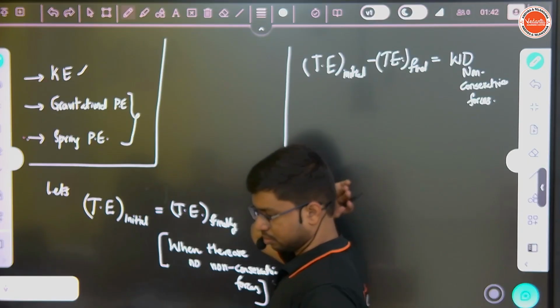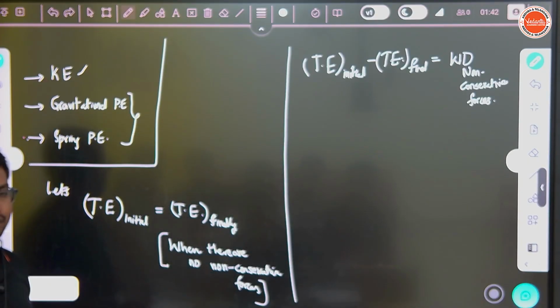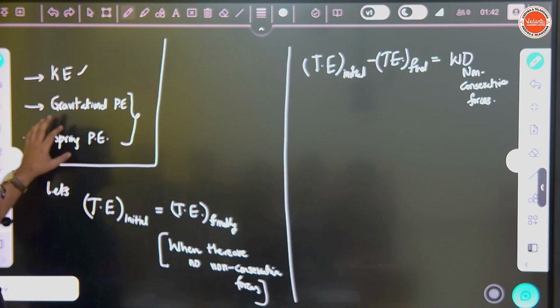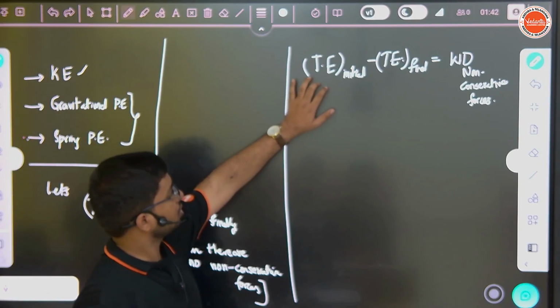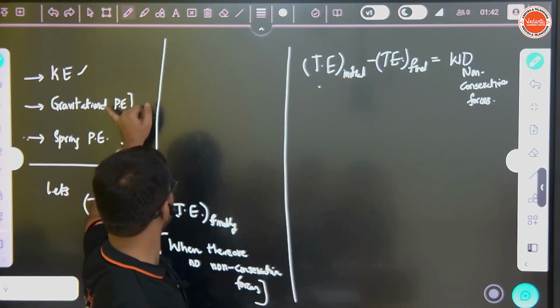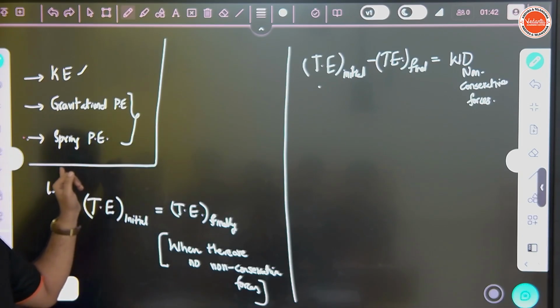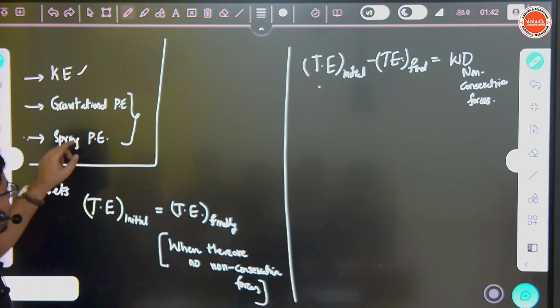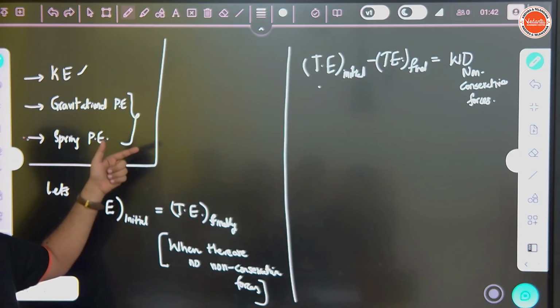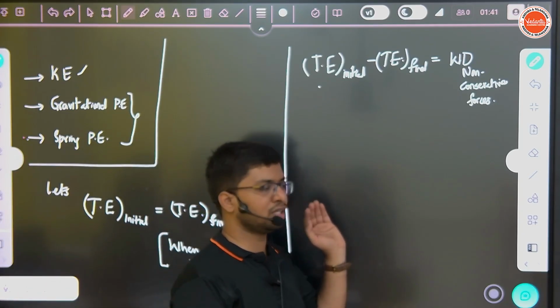Actually, this is also your modified work energy theorem only, right? How is that? Over here, in total energy, what am I including? I'm including kinetic energy, gravitational potential energy, and spring potential energy, right? I know that gravitational force and spring force both are conservative forces. So in the work energy theorem, what did we have?